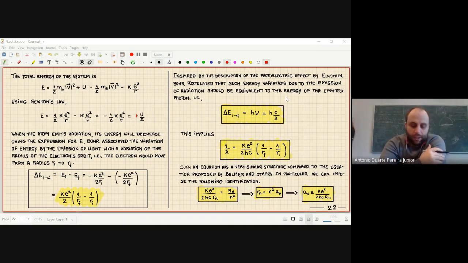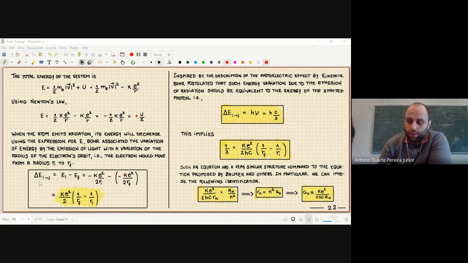So Bohr said, if an electron emits radiation, then it loses the energy equivalent to the energy carried by a photon. So this is a very bold assumption. Bohr said, this energy difference that I compute must be equal to the energy of the photon that was emitted by this electron.